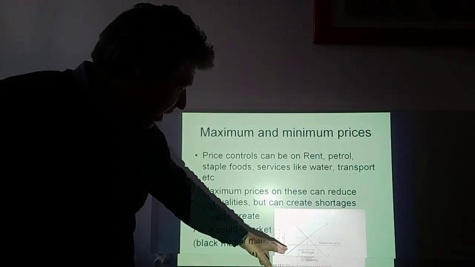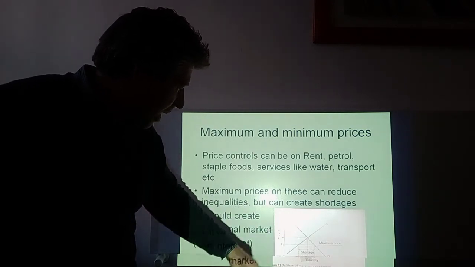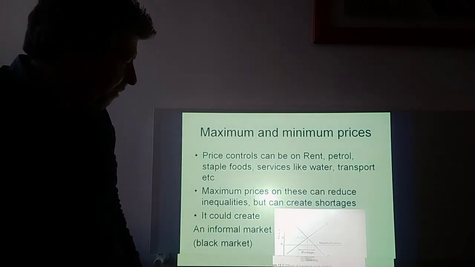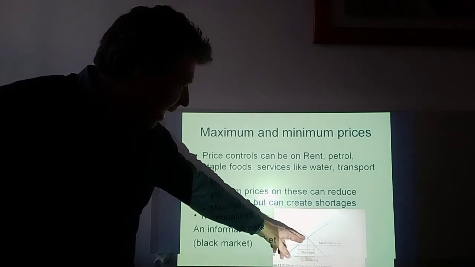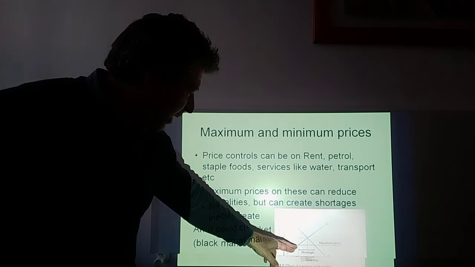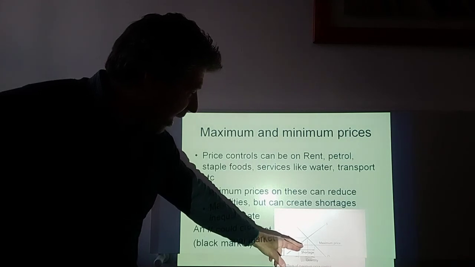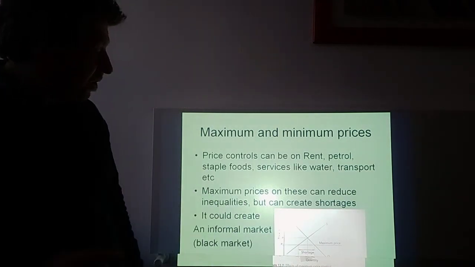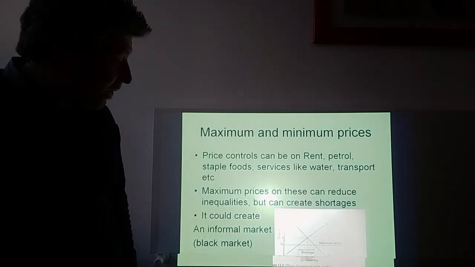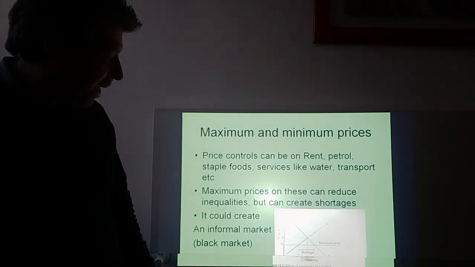Look, here's the maximum price. If the equilibrium is here and the maximum price is here, there will be a shortage, because at this price the supplier is only willing and able to provide this many, and there's so many more people wanting it, that the shortage might be filled by the black market.